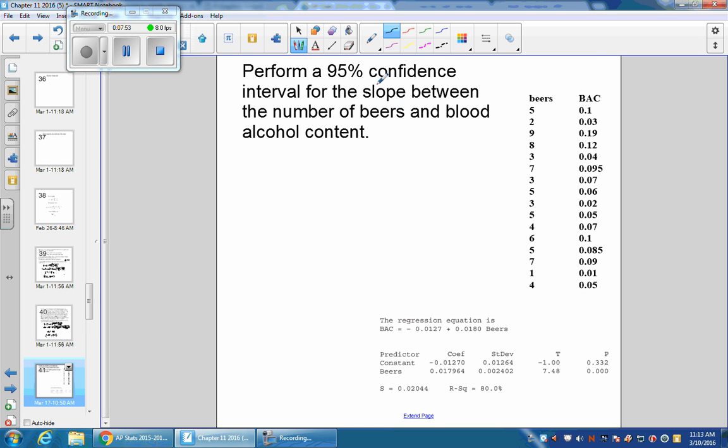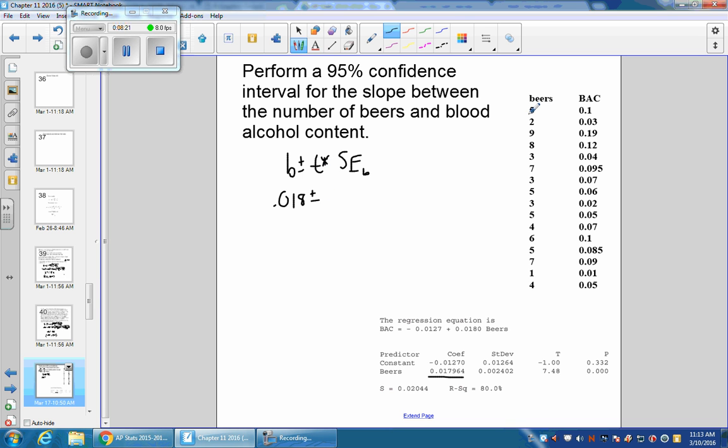Perform a 95% confidence interval for the slope between the number of beers drunk and blood alcohol content. We've got the beers, the blood alcohol content. Now for a test like this, you take your slope plus or minus t star times your standard error for the slope. Now from our regression equation, it tells us our slope is 0.0179, so it's 0.018, plus or minus our t star.